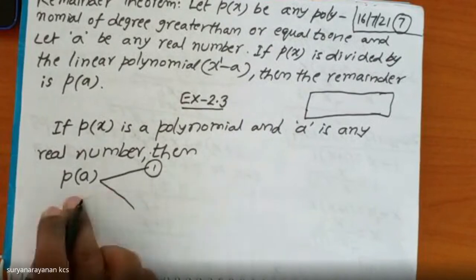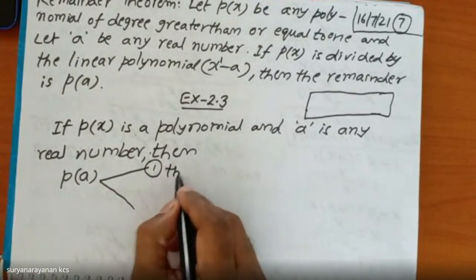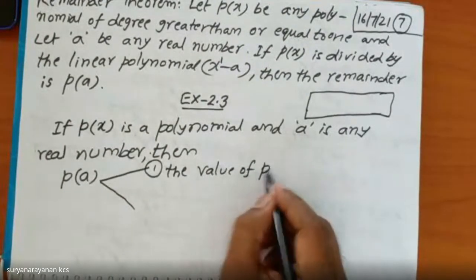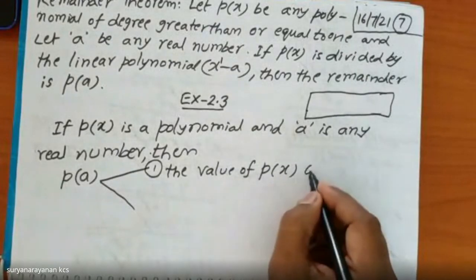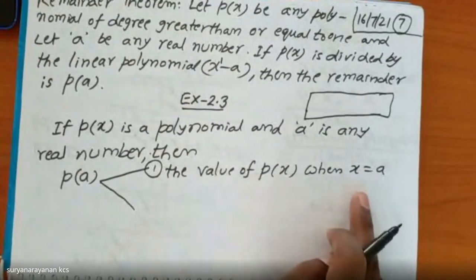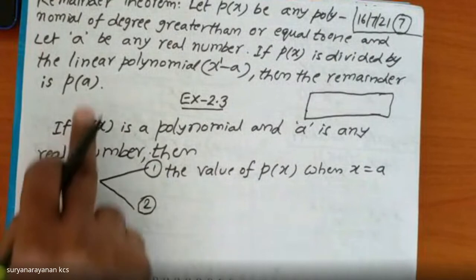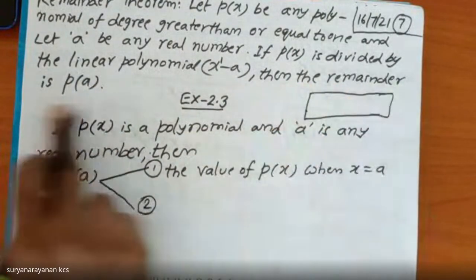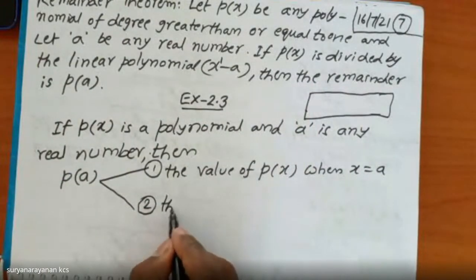The first meaning of this notation is the value of the polynomial p of x when x is equal to a. Another meaning is remainder. See this sentence, the remainder is P of a. So here P of a denotes the remainder.